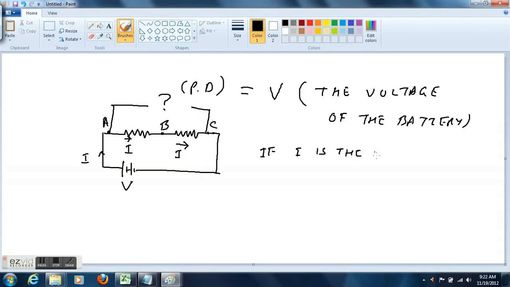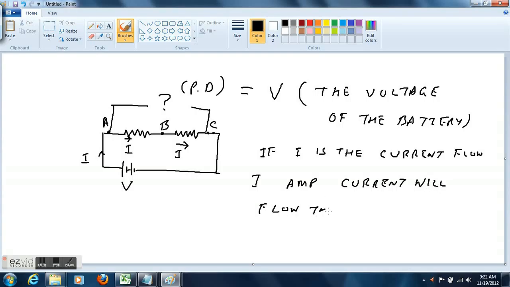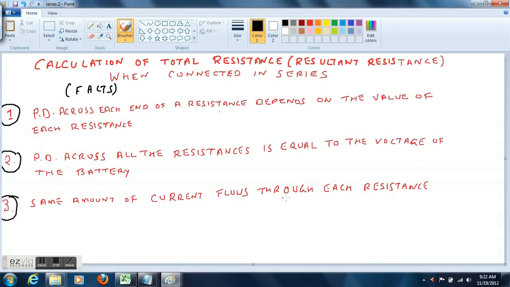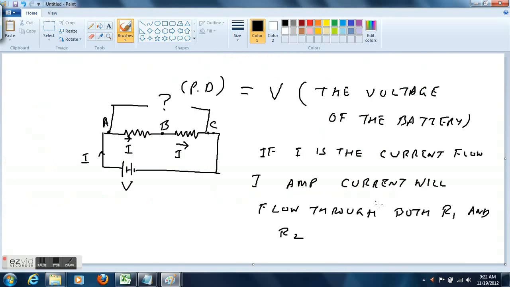So if I is the current flow, that is the rate of flow of current, then I ampere current will flow through both R1 and R2. The potential differences across the resistances are different, but the same rate of current will flow through each resistance.